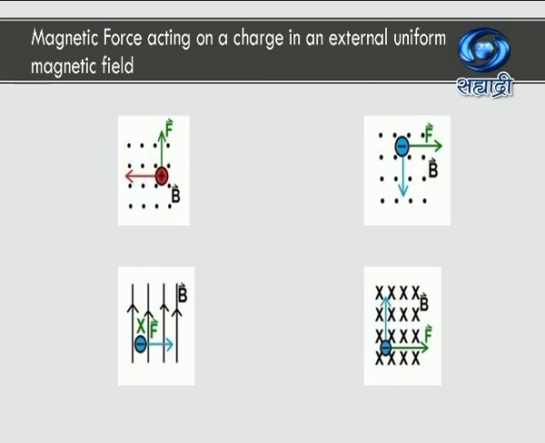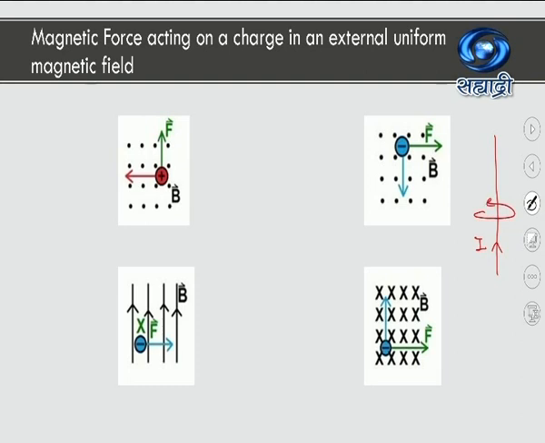Dear students, as I said, every current carrying wire produces a magnetic field around itself. For instance, if I have this current carrying wire, I is the current flowing upward, then the direction of the magnetic field by the right hand rule must be in this manner.